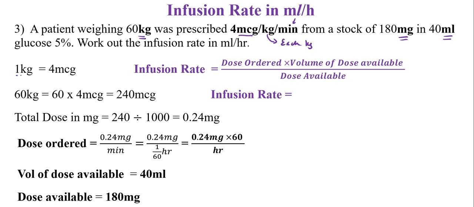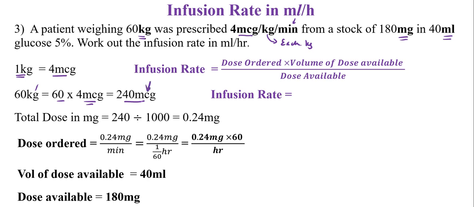So for every 1 kilogram of the patient weight, 4 micrograms will be administered. But the patient weighs 60 kilograms. So it will be 60 times the 4 micrograms, which gives 240 micrograms.